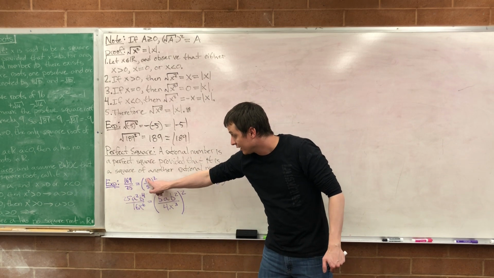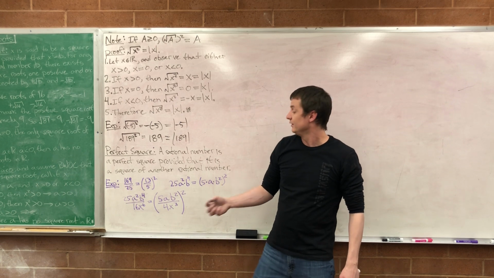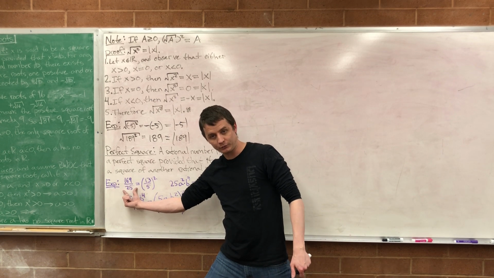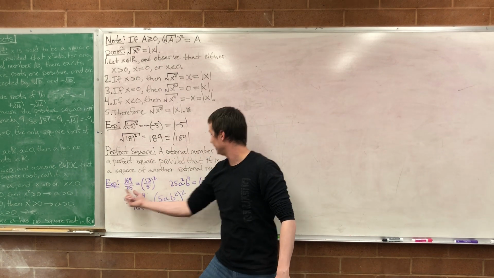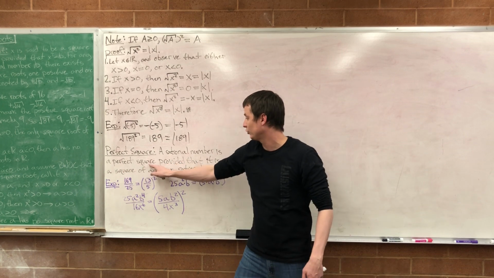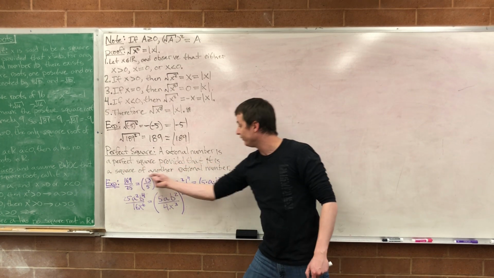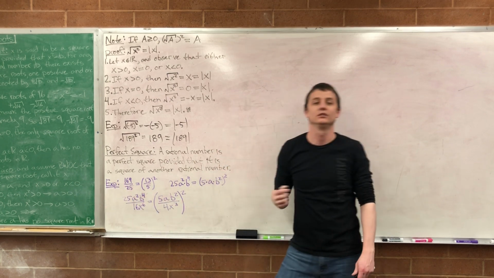Because that is 13 over 5 squared. Since it is a rational number squared, then we call it a perfect square. So a rational number, namely this thing, is a perfect square provided that it is a square of another rational number. Here's the other rational number that it's the square of. Make sense?